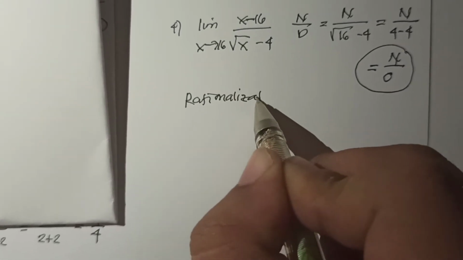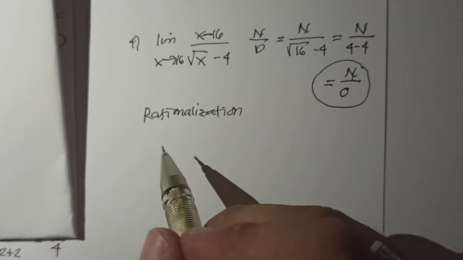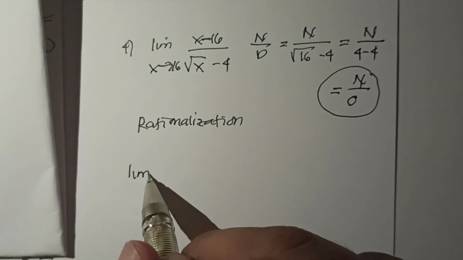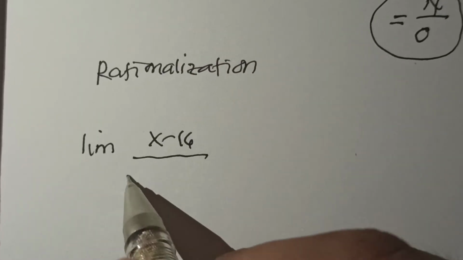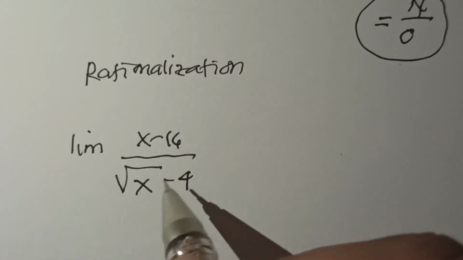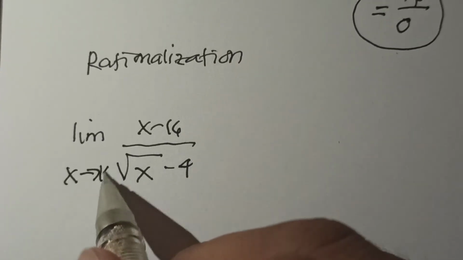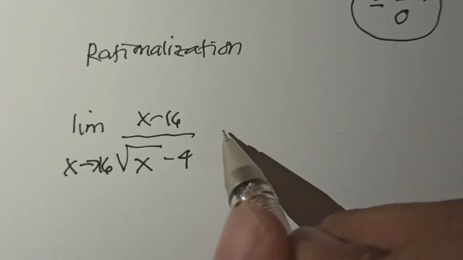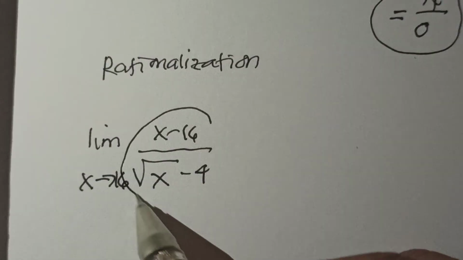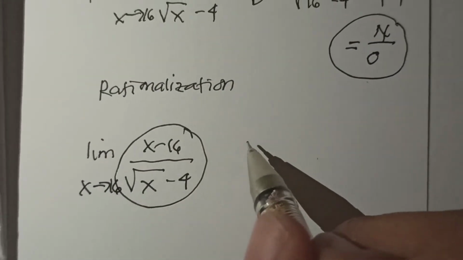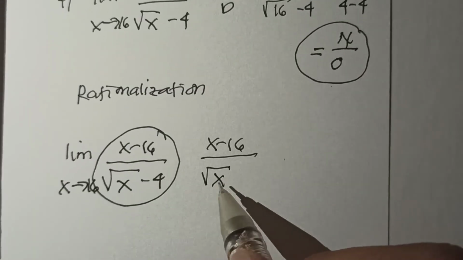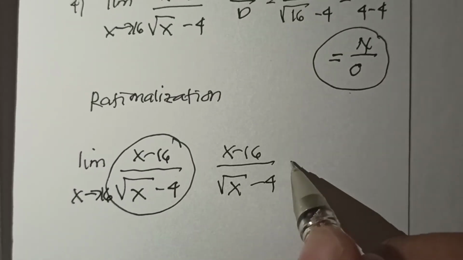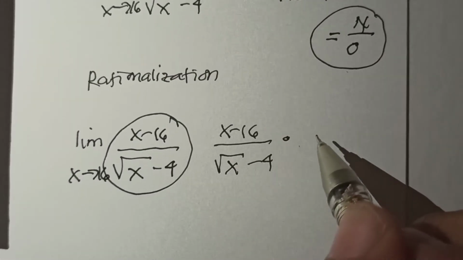So we have to rationalize this part. So limit of x minus 16 over the square root of x minus 4 as x approaches 16. So we need to rationalize this. So x minus 16 over the square root of x minus 4, times, how to rationalize?